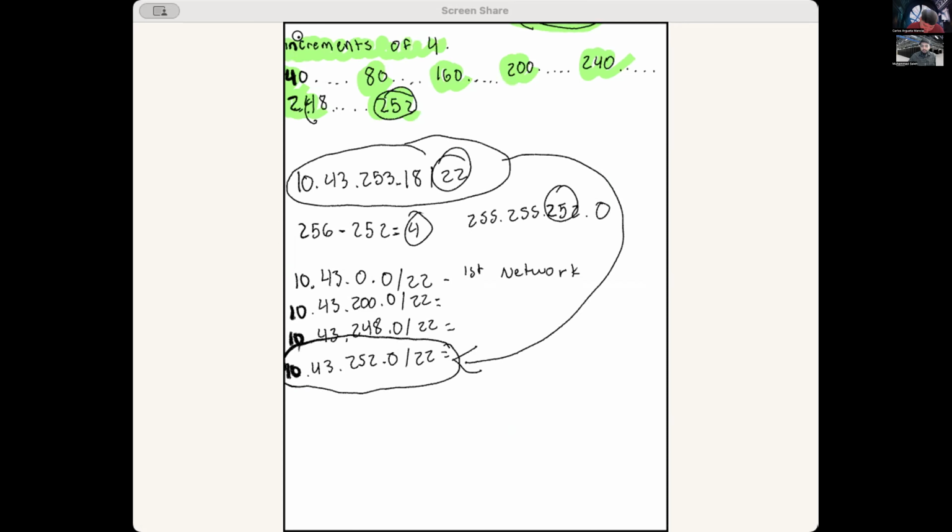You get the network ID, first, last, and then the broadcast. So the network ID is 10.43.252.0/22.